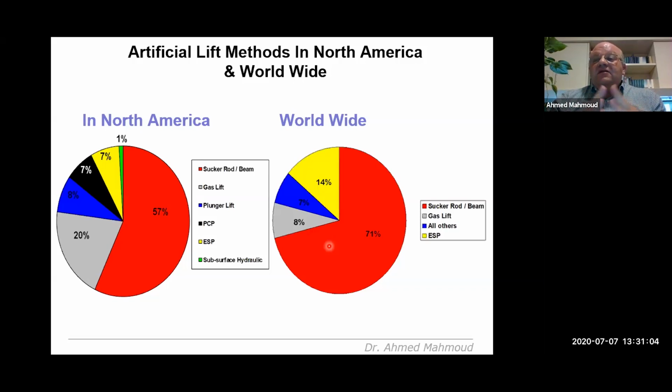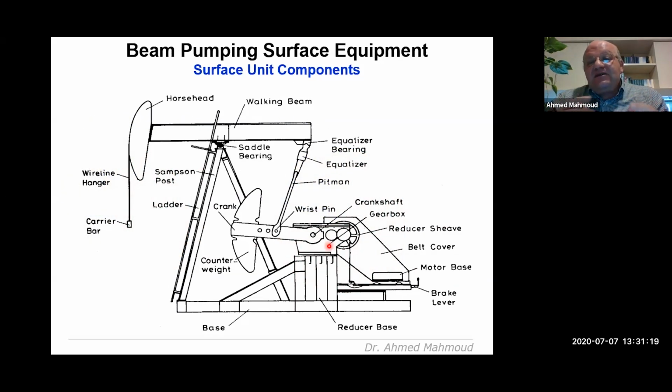So the wide range, the low cost, the easy maintenance, all of this makes Sucker Rod the favorite artificial lift system everybody thinks of. So what is the inside story of the Sucker Rod system? Again, it is momentum, a very clear momentum.